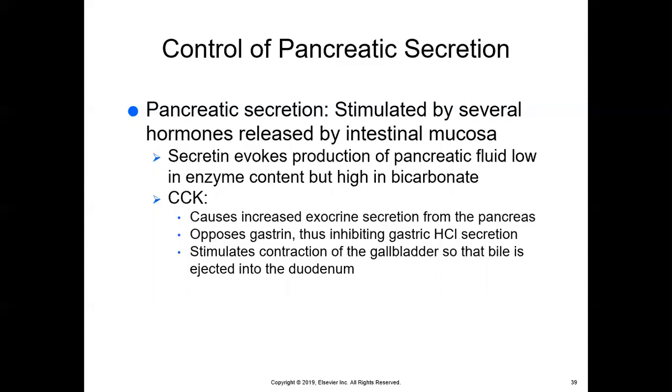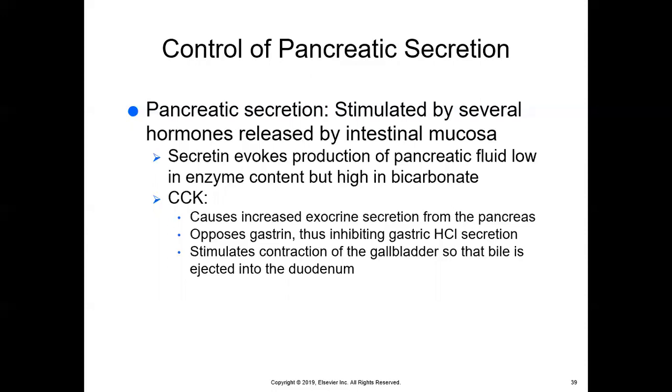So if you think about that, secretin from the intestinal wall, secretin is stimulated because of high pH. And so with high pH in the intestinal wall, from the chyme that comes into the duodenal intestinal wall, it will send signals to the pancreas and tell the pancreas, I need you to produce bicarbonate. Bicarbonate is very basic.